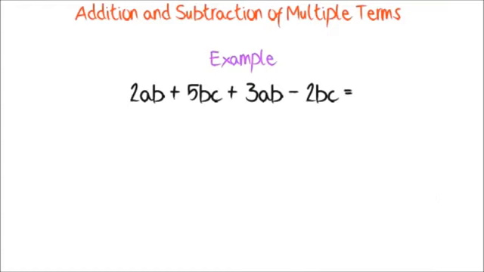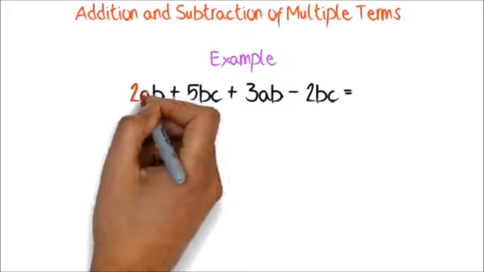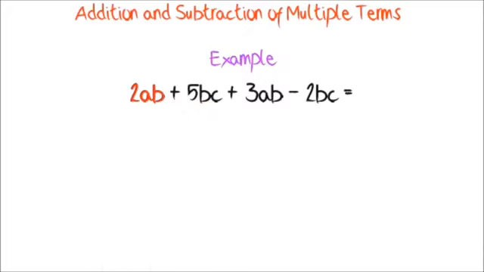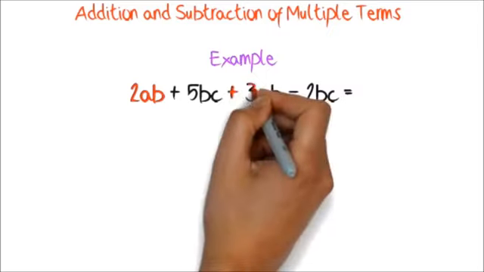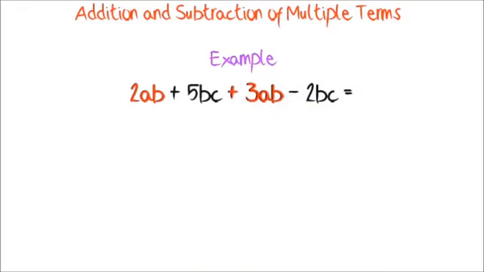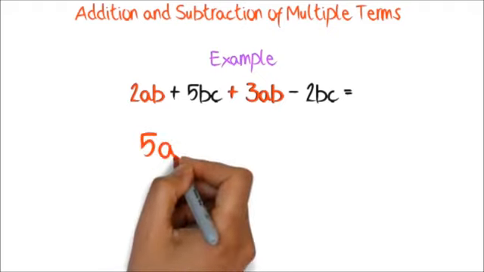Here we take the first term, 2ab, and find out if there are other terms with the same letters after it. We notice we have 3ab, so we can add 2ab and 3ab to get 5ab.